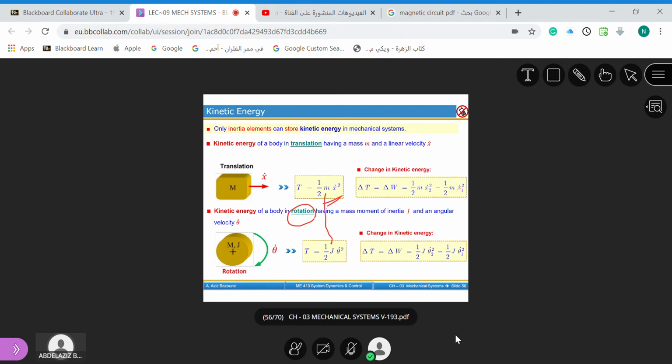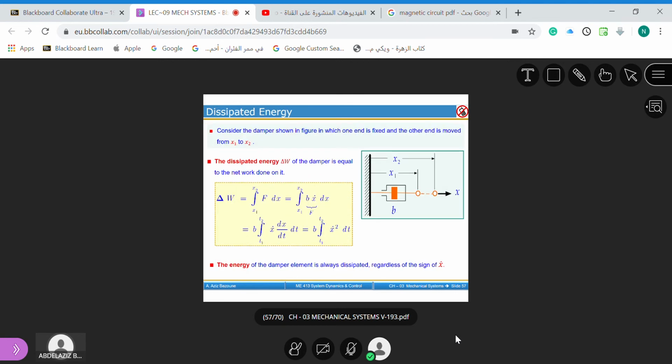In translation it is m, in rotation it is J. In translation it is x dot or v, in rotation it is theta dot or omega. Usually this is known as omega and this is known as v, and you were using it in dynamics, half mv squared and half I omega squared, or half J omega squared. So these are the types of energies.